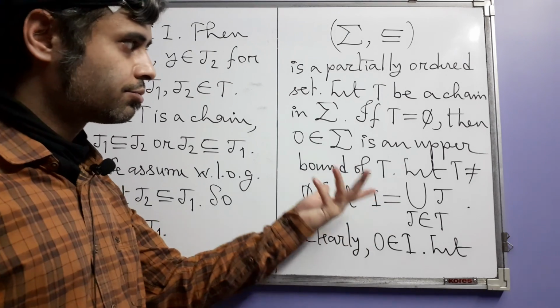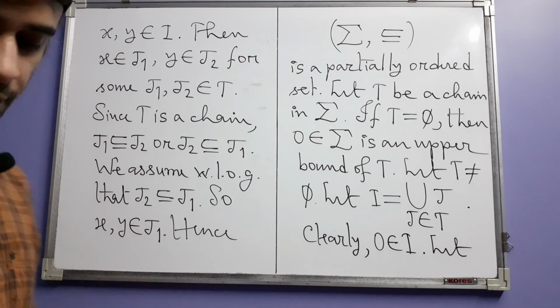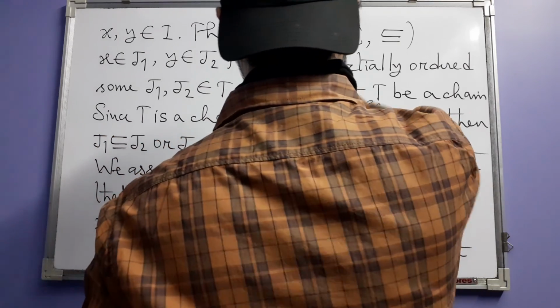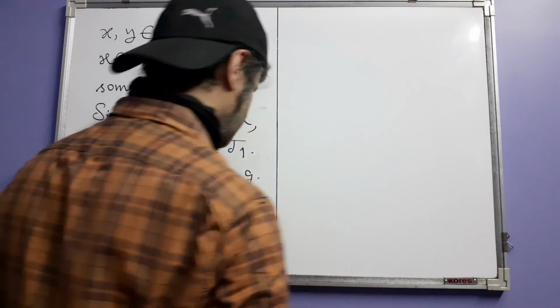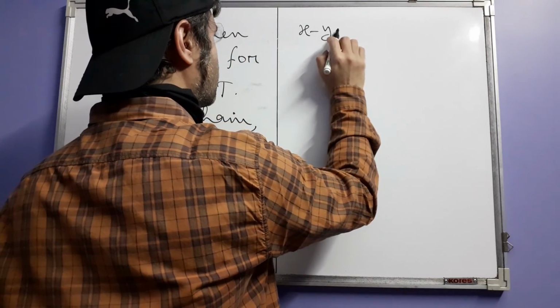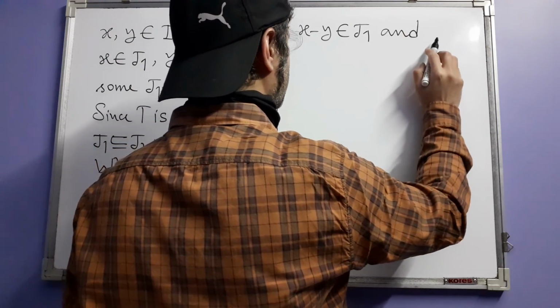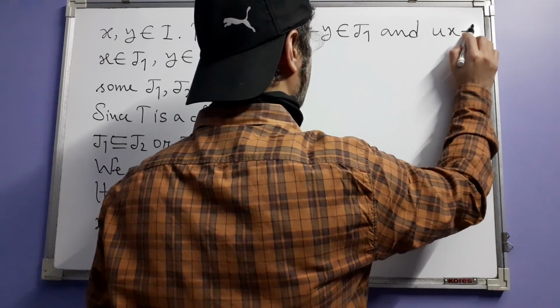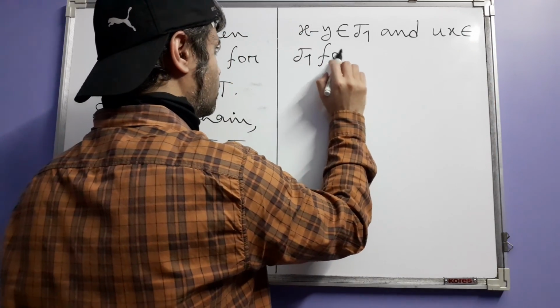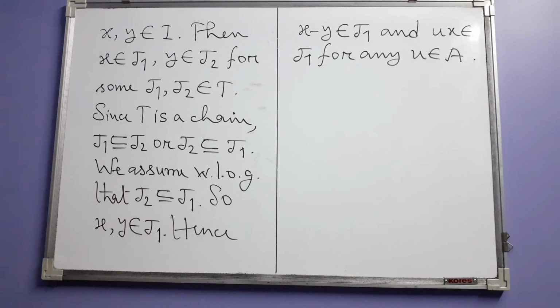But J1 is an ideal of A. Hence the difference of x and y, x minus y, will belong to J1, and say ux also belongs to J1 for any u belonging to our ring, because J1 is an ideal.